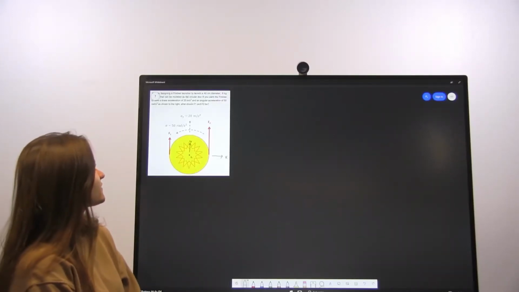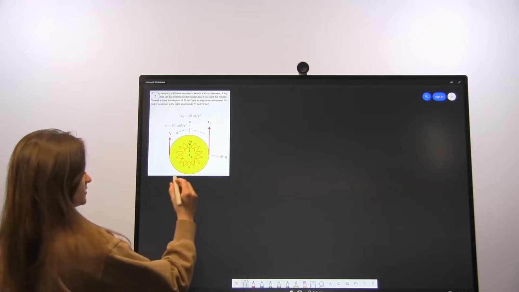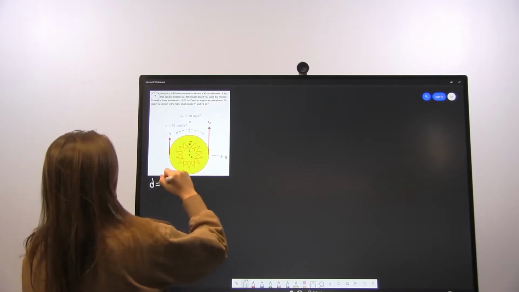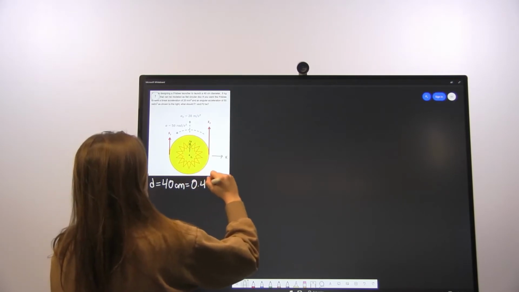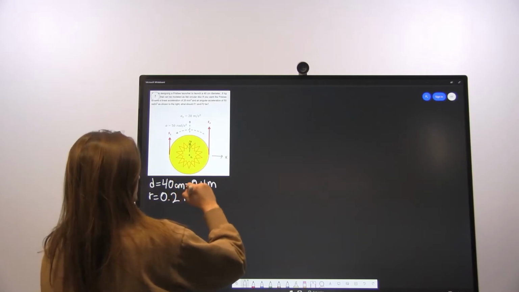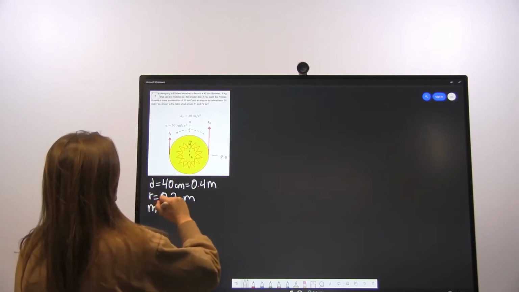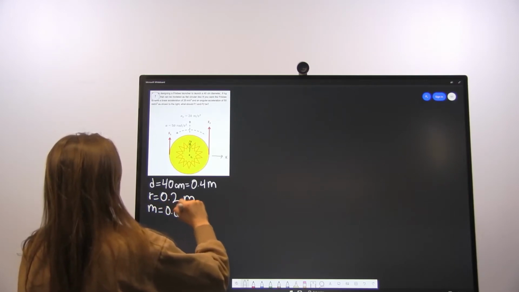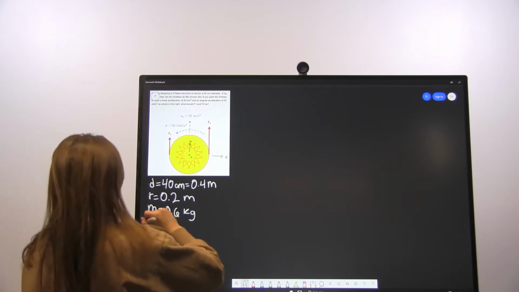So we're given the task of designing a frisbee launcher to launch a 40 centimeter diameter frisbee. The diameter is equal to 0.4 meters, and that gives us a radius of 0.2 meters. We have a mass of 0.6 kilograms, and it's a flat circular disc.